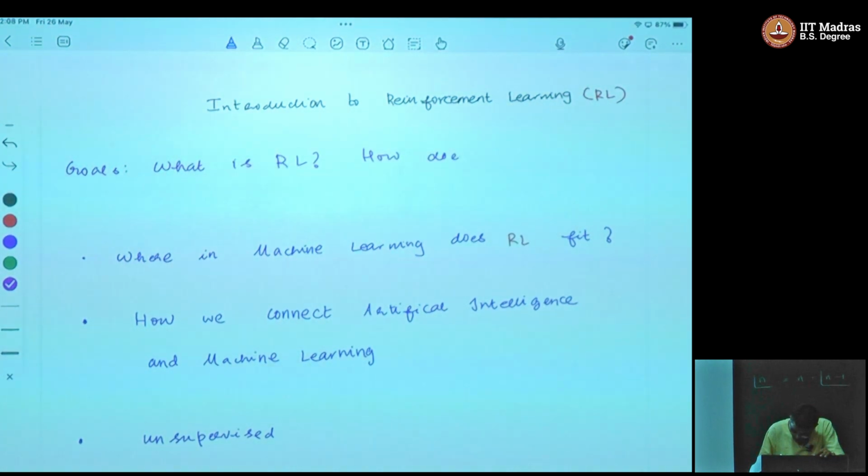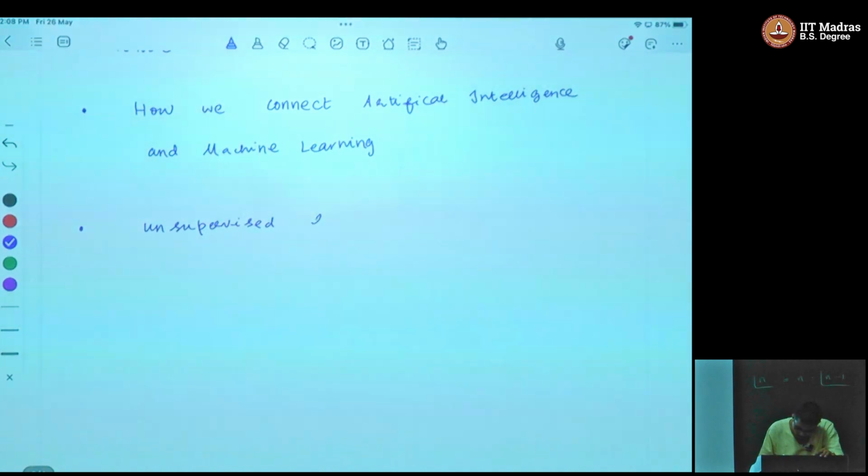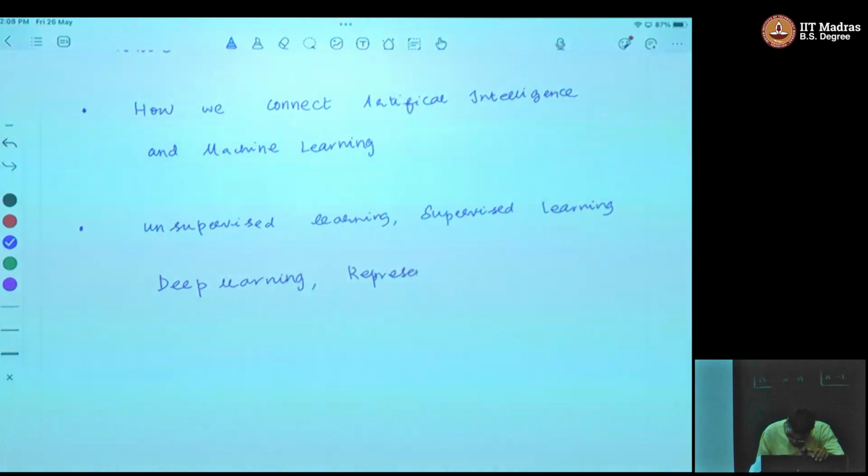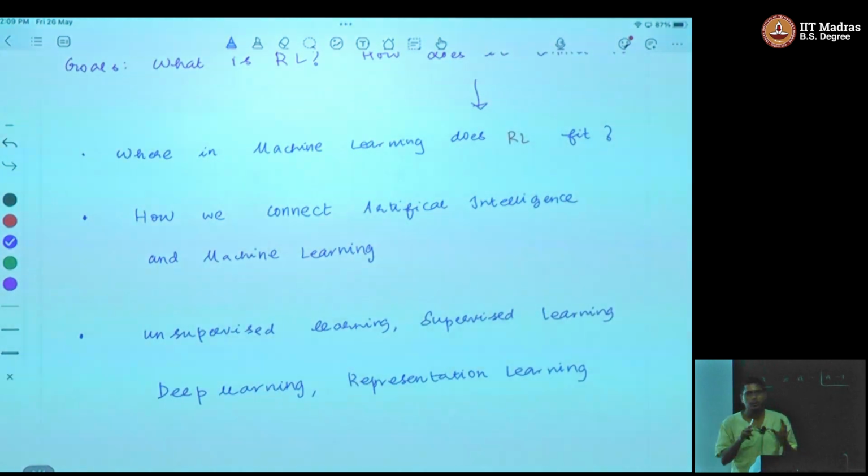Then we know that we have what is known as unsupervised learning, supervised learning, deep learning, and representation learning, right? I'm just putting all these things out in the open, okay?